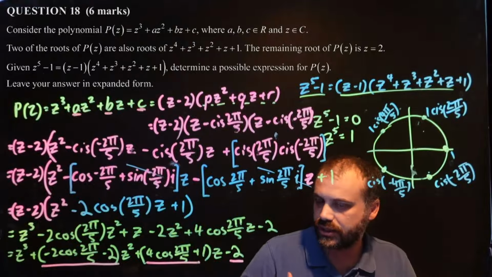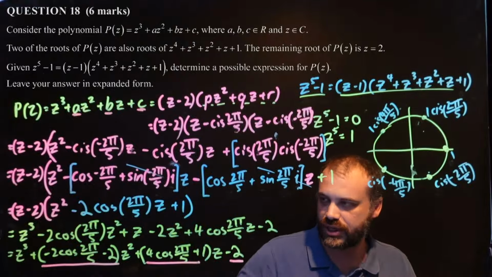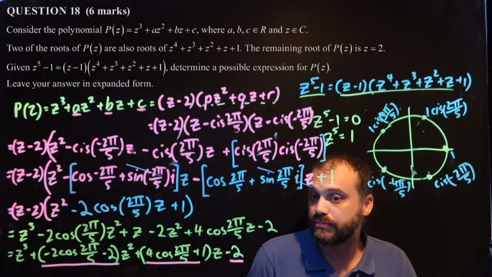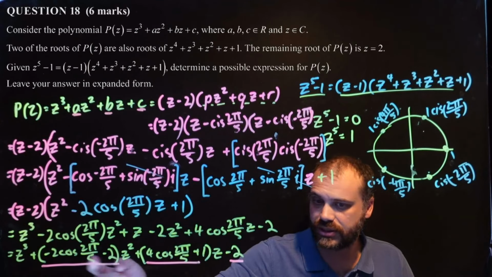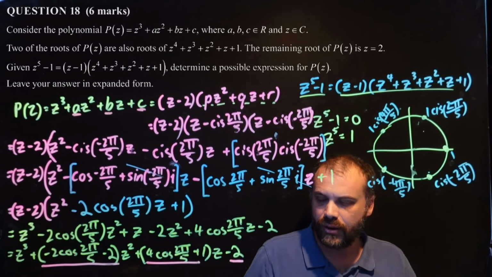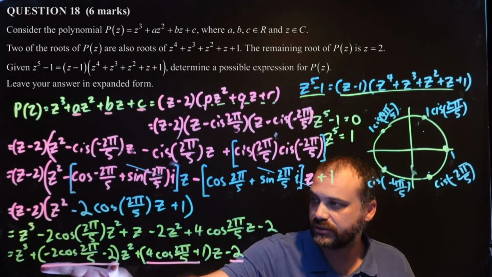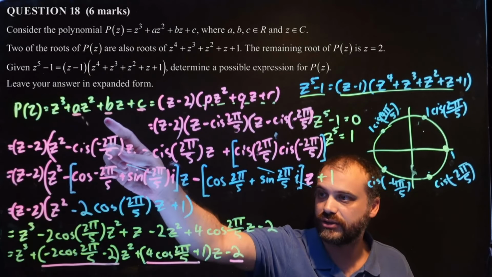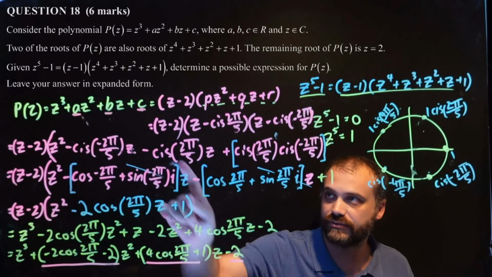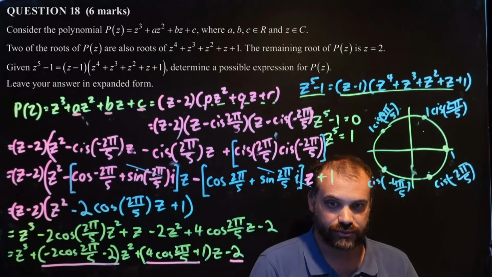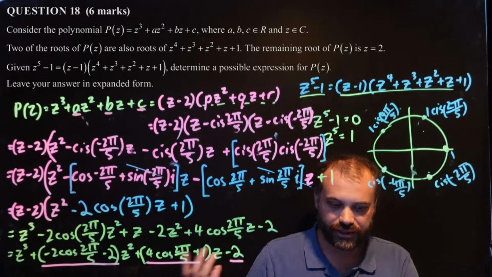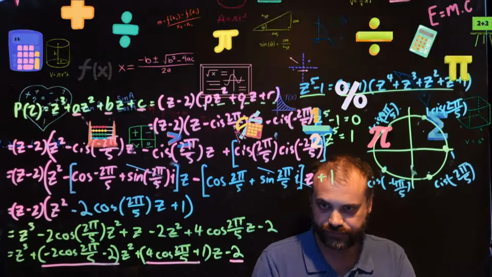Now, of course, you could go one more step and express this as a decimal value. That feels like a step backwards to me. You could type that into your calculator and it spits out some decimal value. But this is our exact value for whatever a happens to be. This is my exact value for what b is, and this is my exact value for c. So we can stop right there. Alright, celebrate, and we are done.